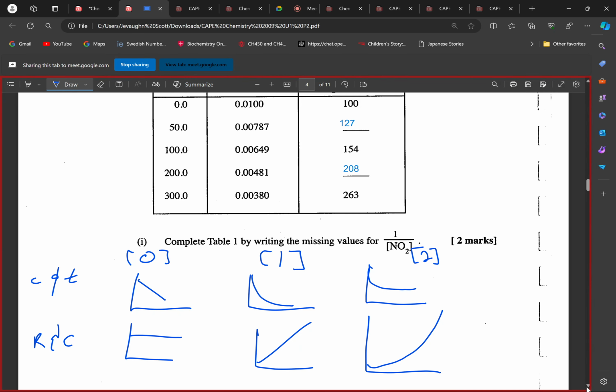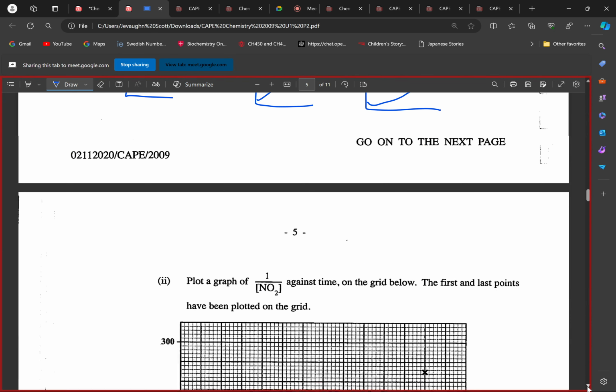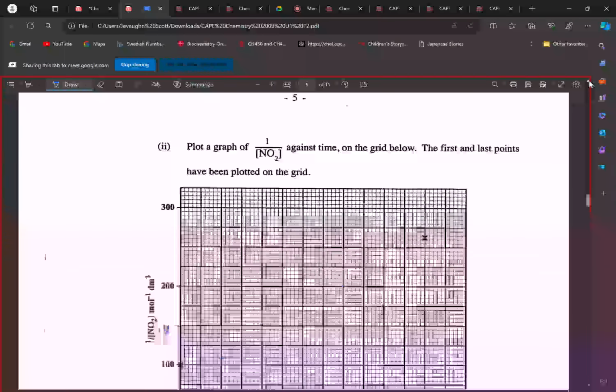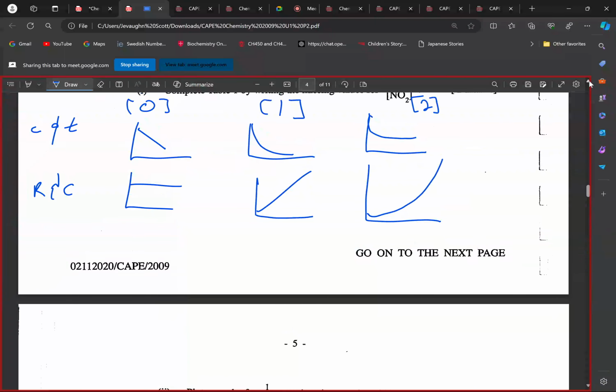Because what you guys are rightfully saying is that this would be a first order reaction graph only if this was rate versus concentration, which it is not. So what order of reaction is it?